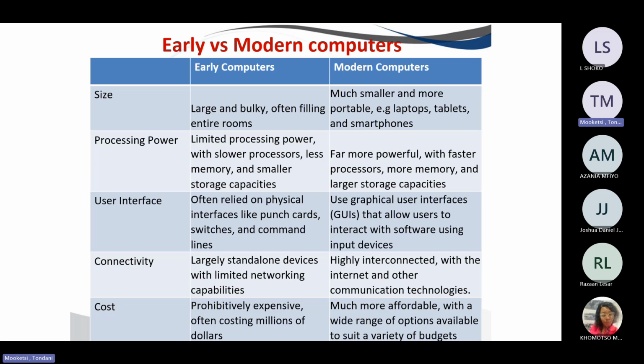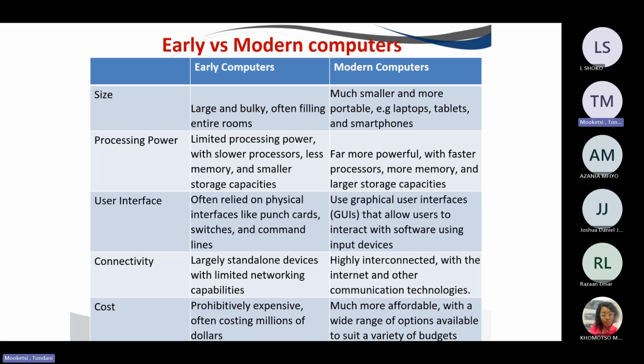But in modern computers that we use today, they are much smaller and much more portable. For example, the laptops that we use, tablets and smartphones. So that is how you can compare them in terms of size.